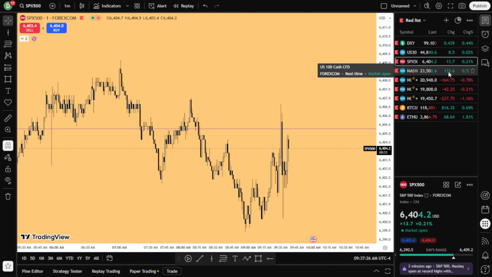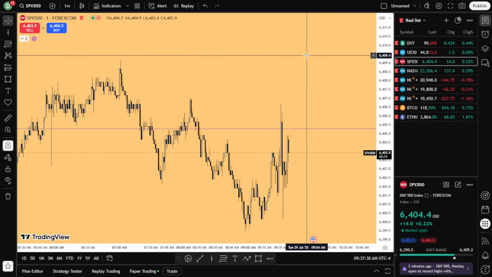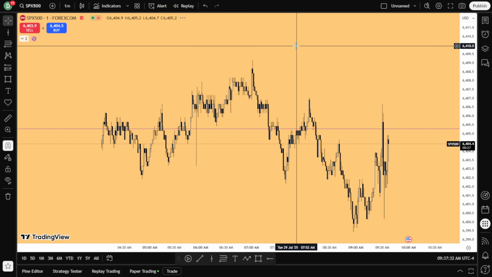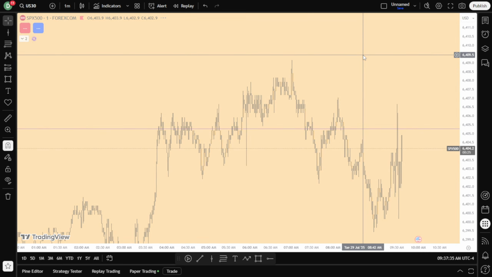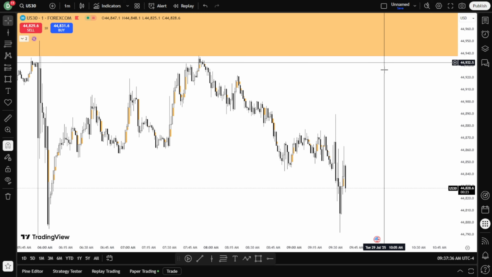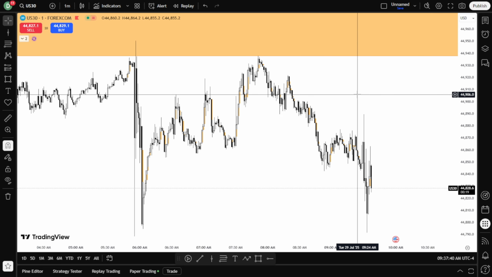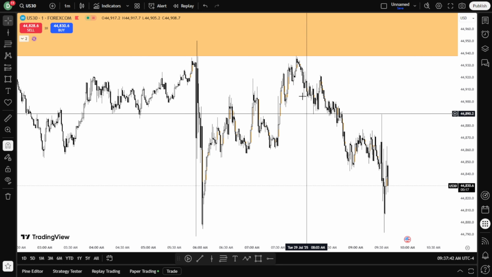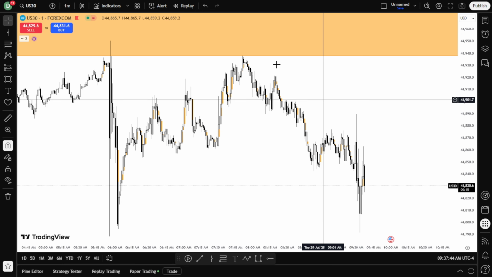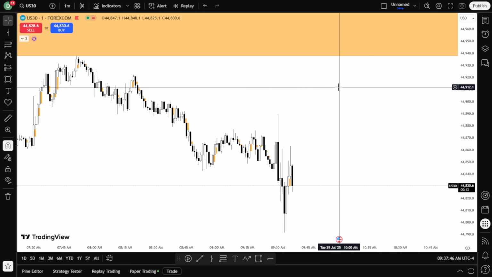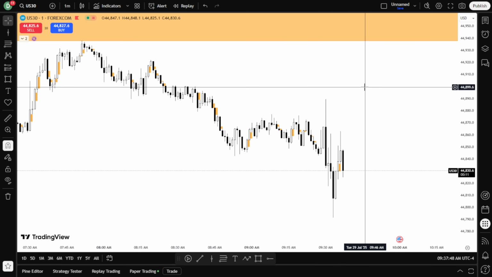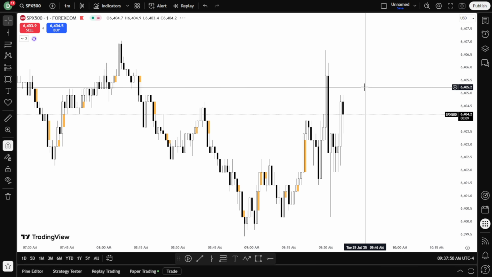This is the outperforming one right now, but let's see what we can get and what we can learn today in the live market conditions. Dow is the weakest. This is the US 30. It looks the weakest.